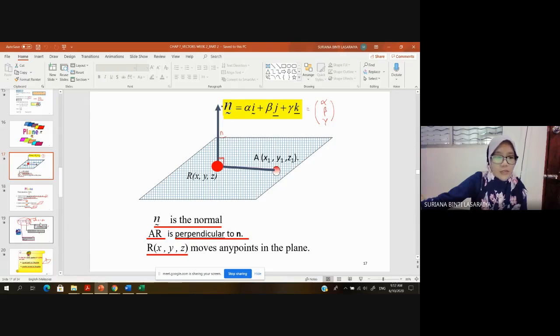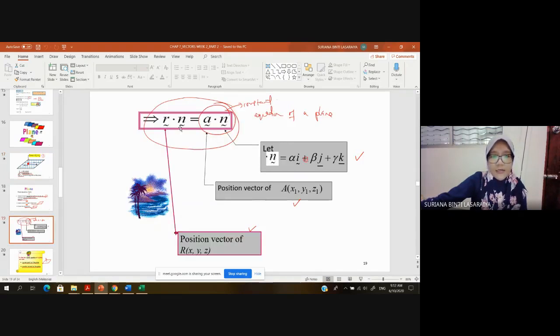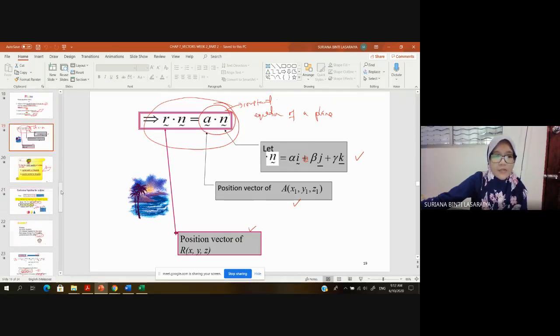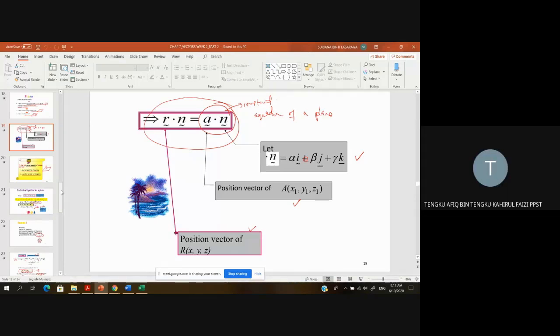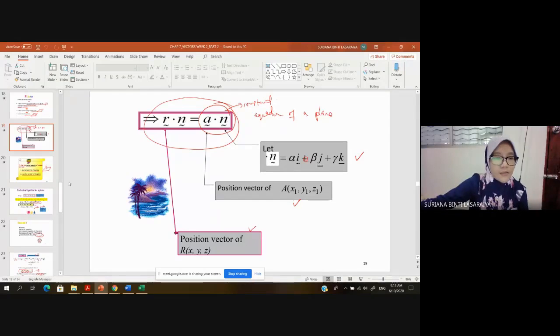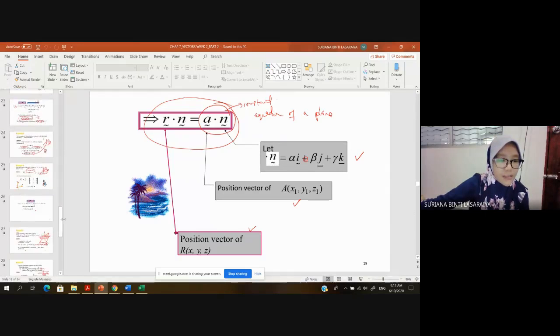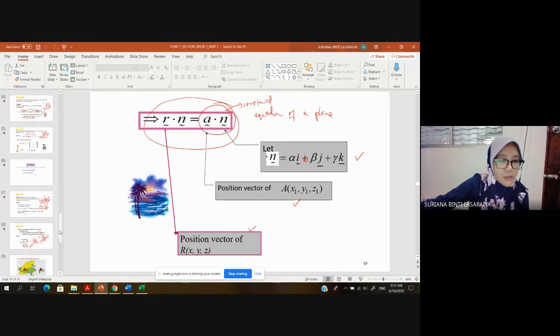Then you just use the formula yang ini, r dot n equals to a dot n. So you just substitute all the vectors needed kan? So yang itu okay, finding the equation of a plane. Okay, we proceed. And then we learn how to find apa tu?